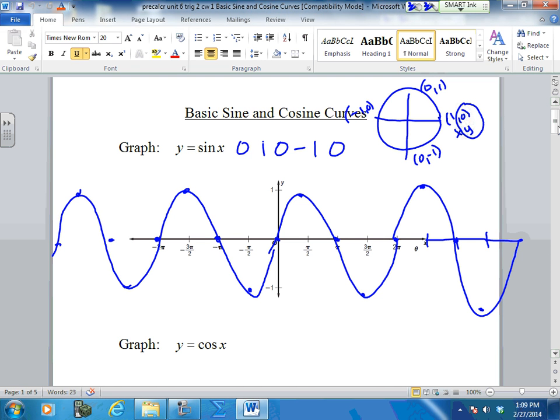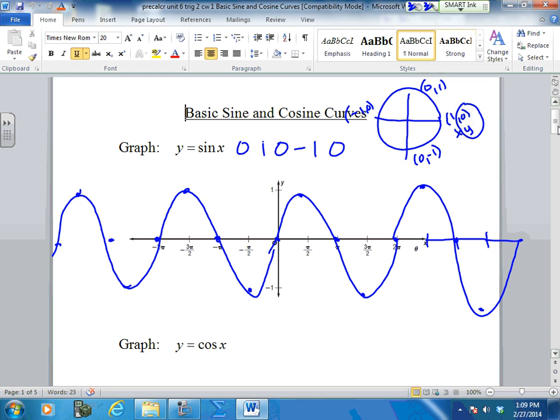Now, when you talk about the domain of your sine curve, it's the domain of the entire sine curve, not just the window that I need to look at. Obviously, we have to have a spot where we start and where we end, so we have to have a cutoff. That's not the domain of my curve.